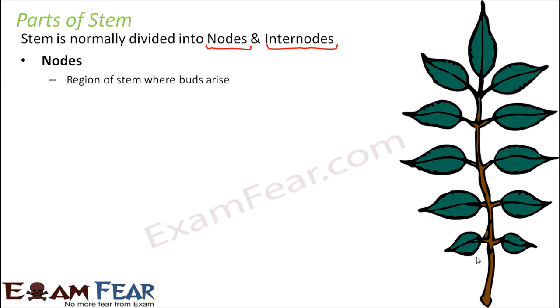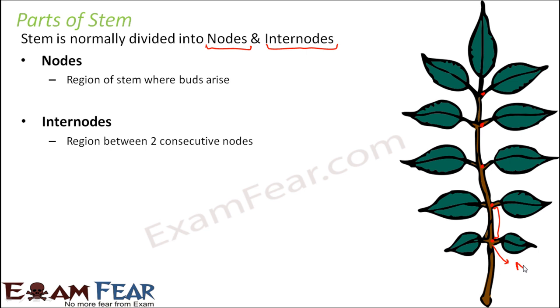What are nodes? Nodes are the region of the stem where buds arise. So here you can see in this picture, there are certain points from where buds can arise. I mean, you can have buds, you can have leaves, you can have branches. So those points are known as nodes. Whereas the region between two consecutive nodes is known as the internode. So this portion between any two nodes is the internode.